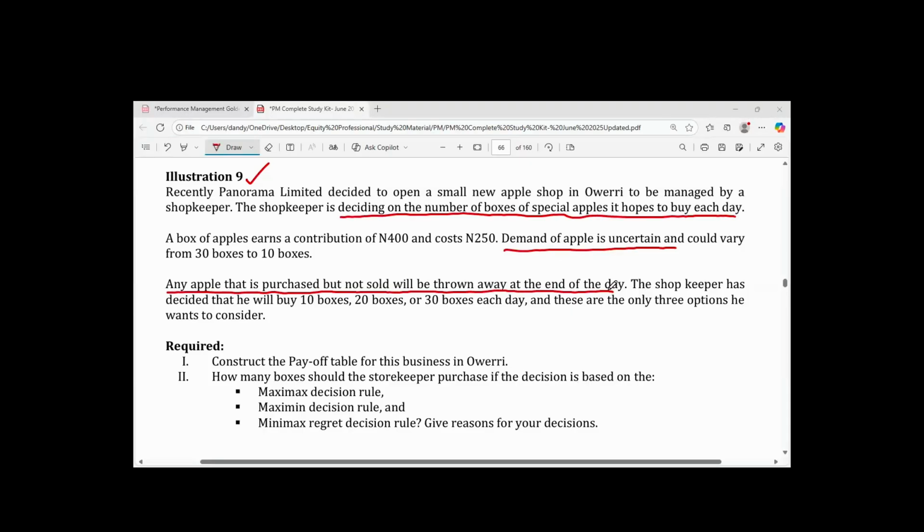Required. Construct the payoff table for this business in Owerri.